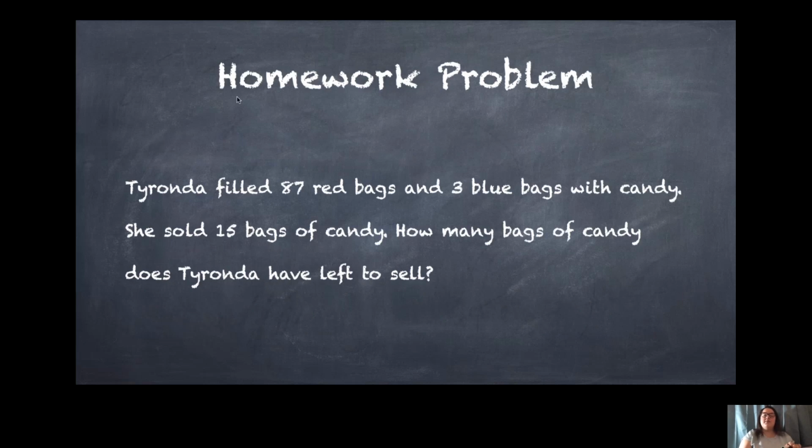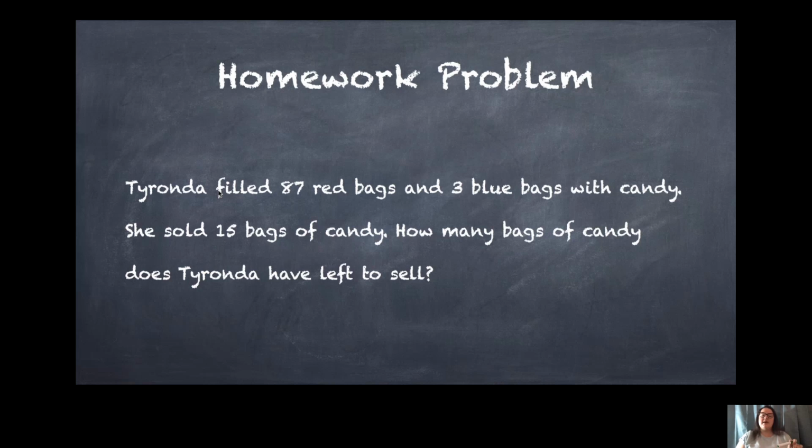This is going to be the problem that you're working today. It's your homework problem. Tyronda filled 87 red bags and 3 blue bags with candy. She sold 15 bags of candy. How many bags of candy does Tyronda have left to sell? I'll say it again.